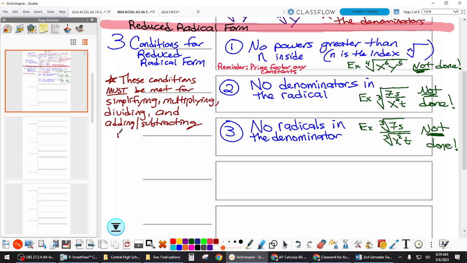All 3 conditions have to be checked for simplifying, multiplying, dividing, and adding. In other words, you'll have to be checking this every time you do one of these operations. That makes sense?